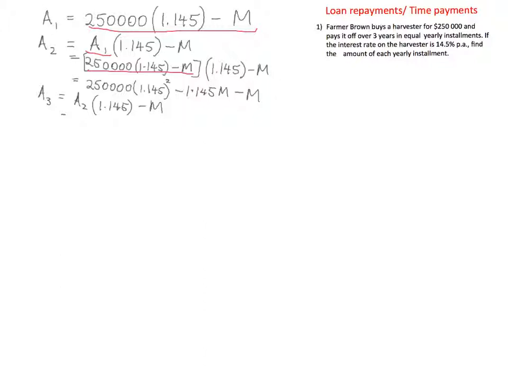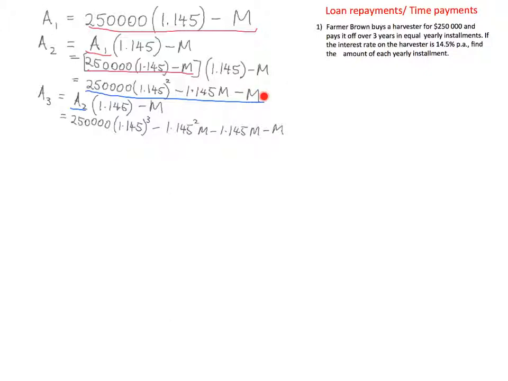Now we are going to replace A2 with all of that, because that's A2, times 1.145. So we've got this first term times 1.145, which becomes 250,000 times 1.145 cubed. Then we've got 1.145M times 1.145, and you get 1.145 squared M.